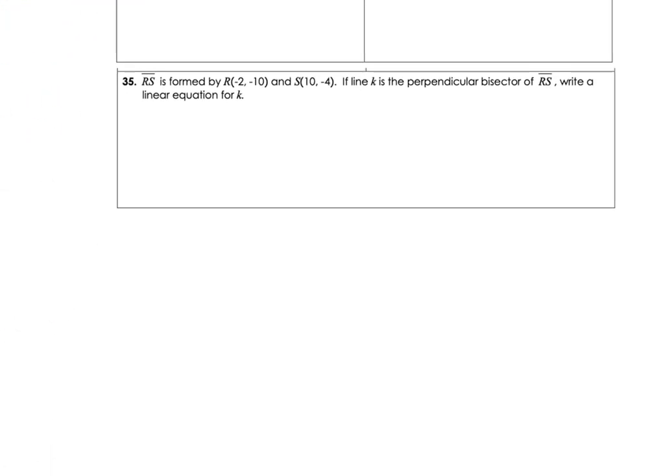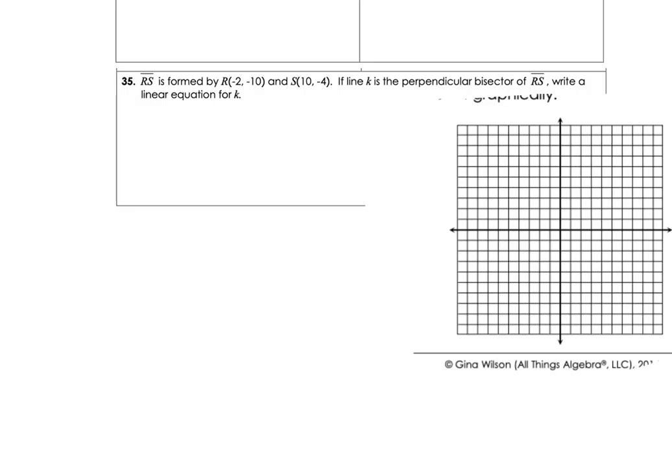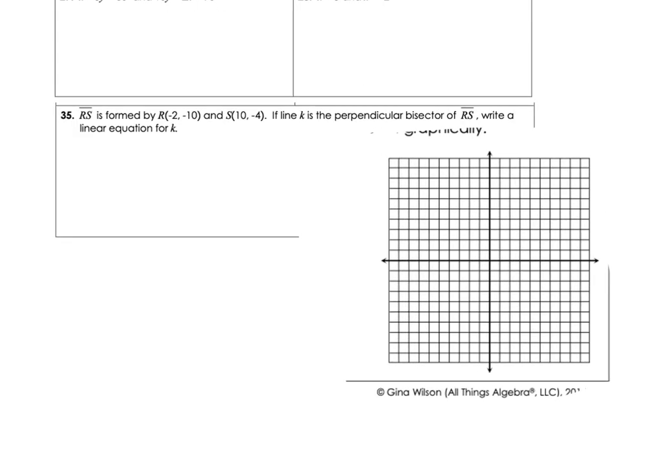This one, perpendicular bisector. I dropped in a graph because you will have to graph this on the test. So if you want to grab a graph, you're welcome to. Otherwise, just watch for now, and then you'll be able to do it on the test. RS is formed by these 2 points.